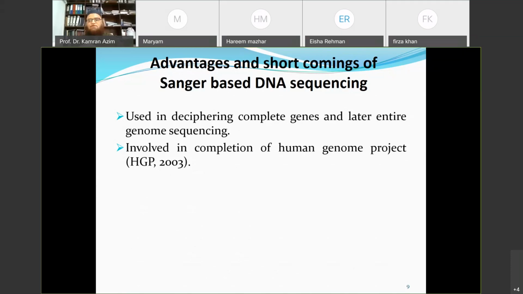However, the draft of the genome sequence was completed in the year 2000, at the turn of the century.